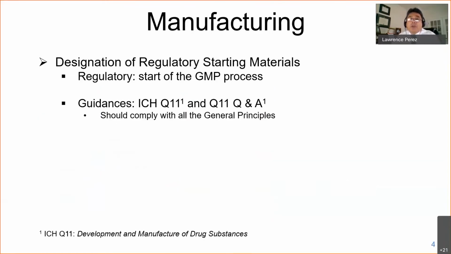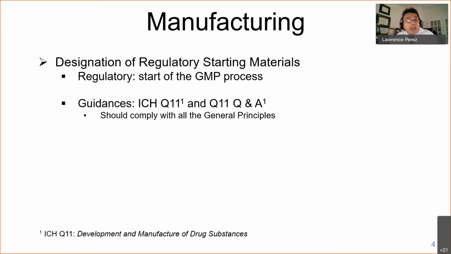So let's first go to manufacturing. And like the manufacturing of small molecules, for the manufacturing of oligos, we still get a fair amount of questions and have discussions with manufacturers on the designation of the regulatory starting materials.